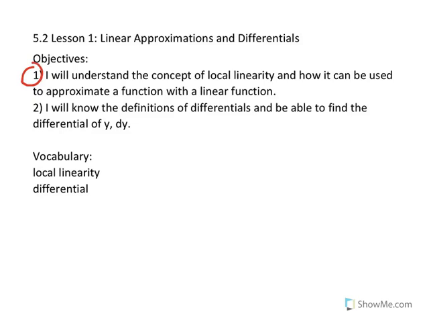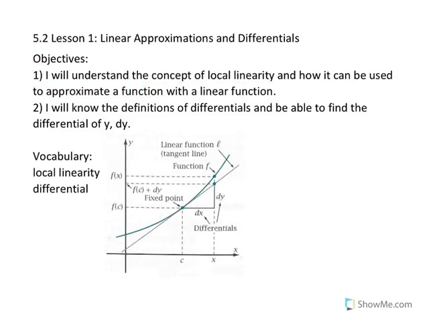So the example that we looked at helped us with Objective 1, understanding the concept of local linearity and how it can be used to approximate a function with a linear function. We will take what we did in example 1 and just have a generic diagram going over the same concepts.